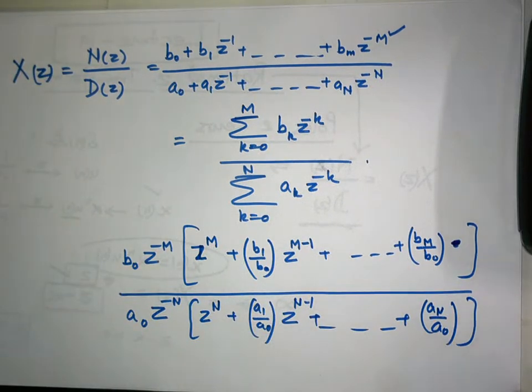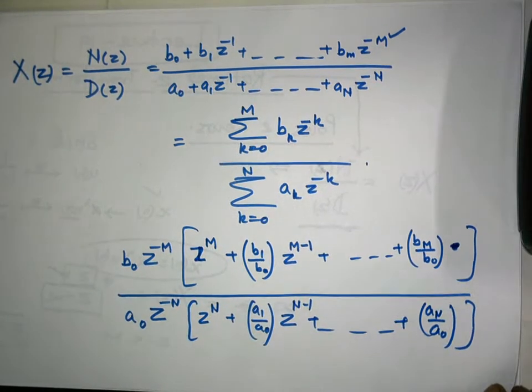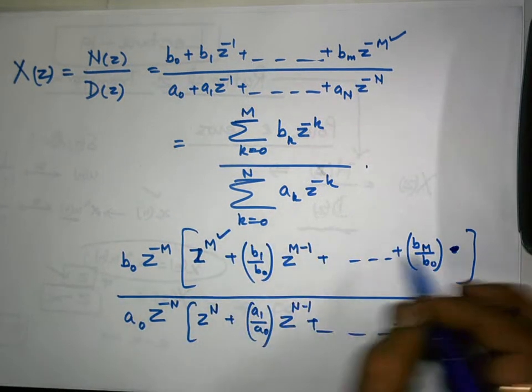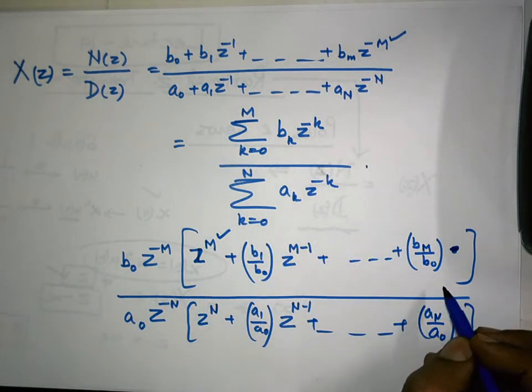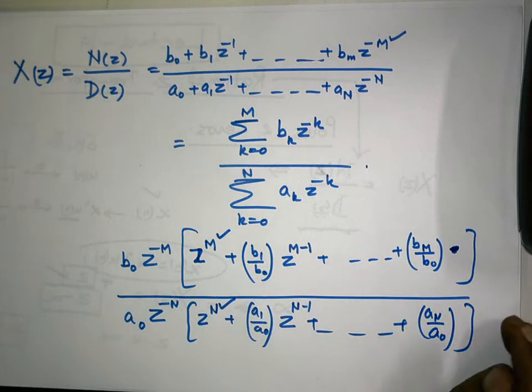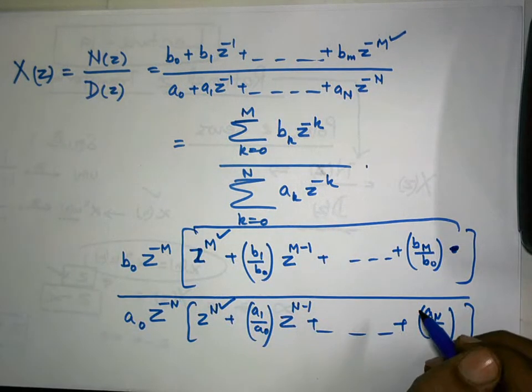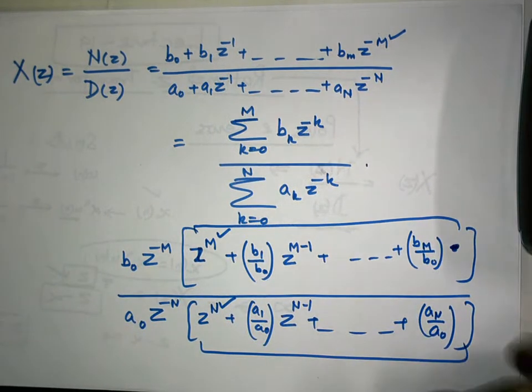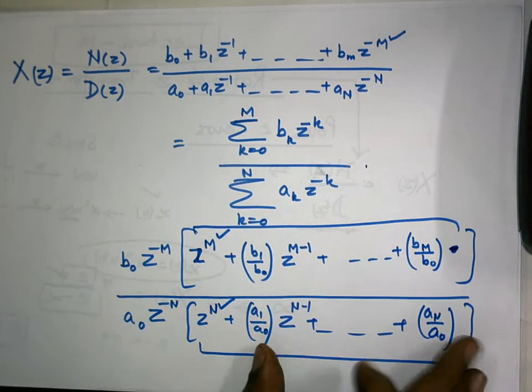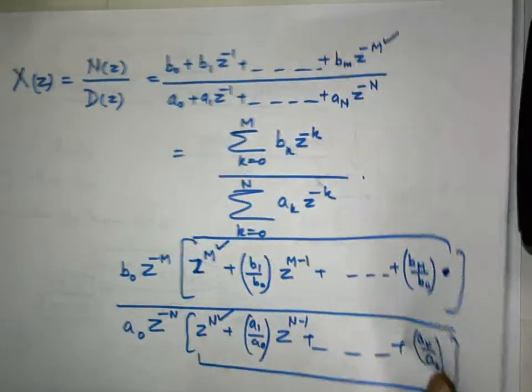Now, if you write down these coefficients and if you see the order of this polynomial, it is mth order and this is nth order. So it will have m different roots and it will have n roots. Okay. So if we write it in its root form, it will be written something like this.